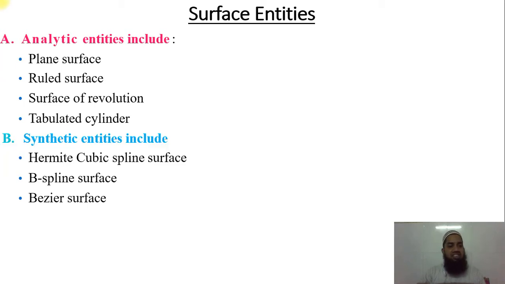Synthetic entities include Hermite cubic spline surface, Bezier spline surfaces, and Bezier surfaces. We'll see them one by one.